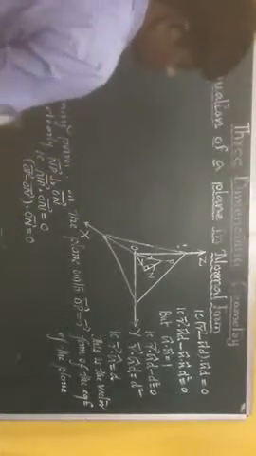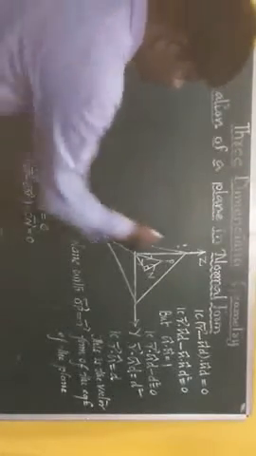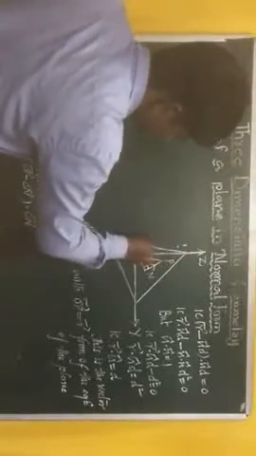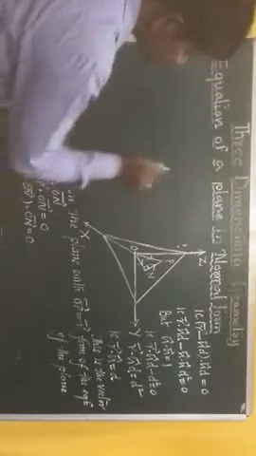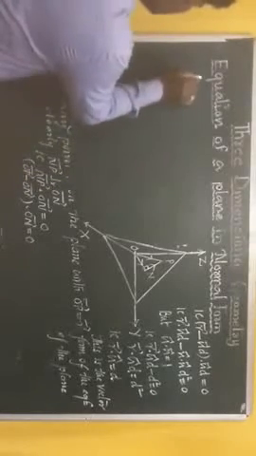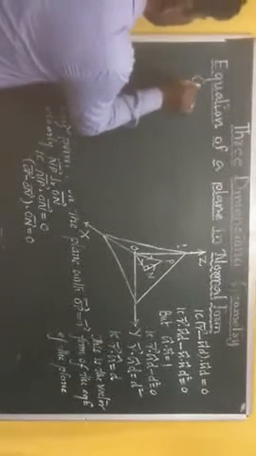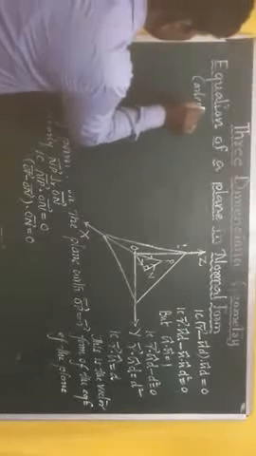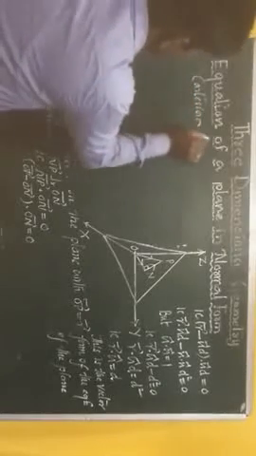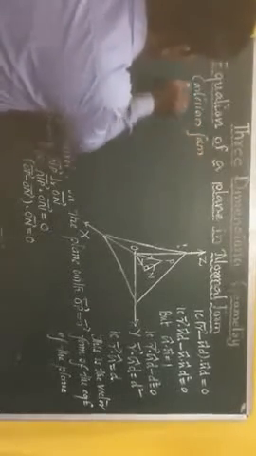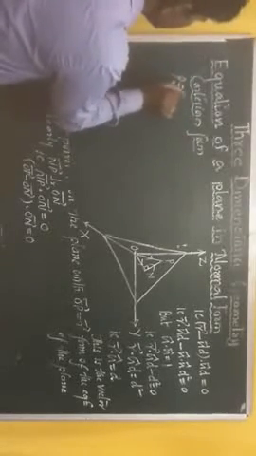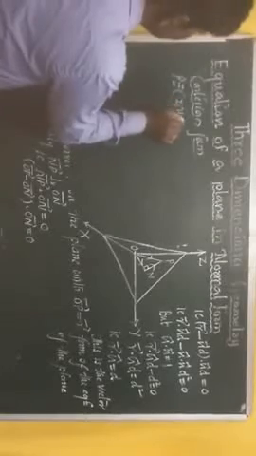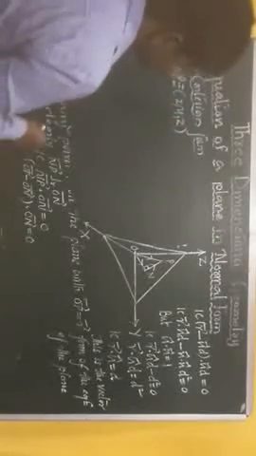Here point P is some arbitrary point. So for the Cartesian form, let us take the coordinates of P as x, y and z.